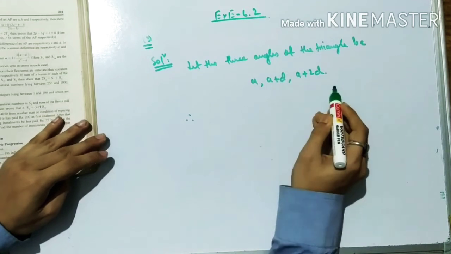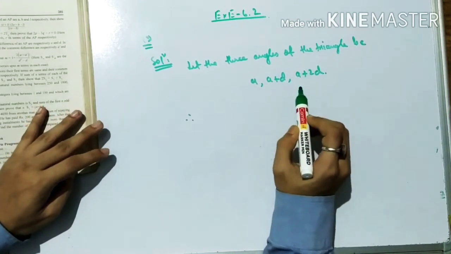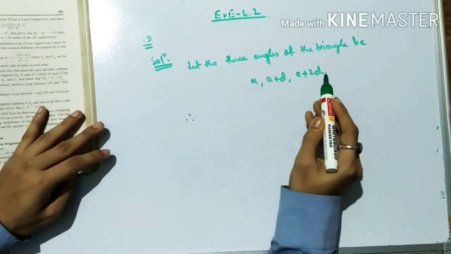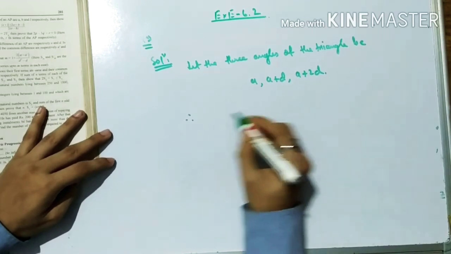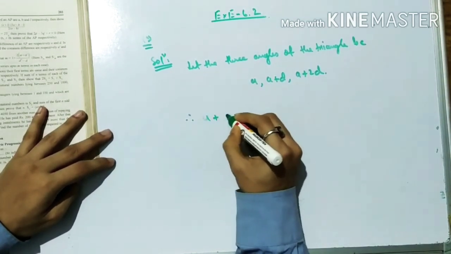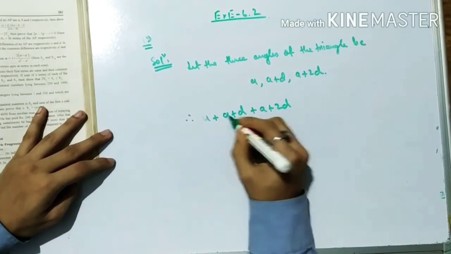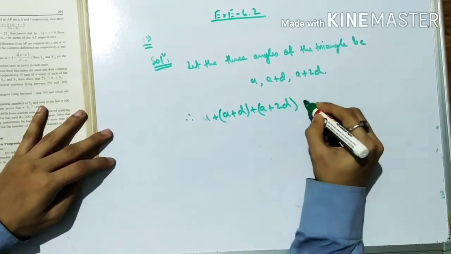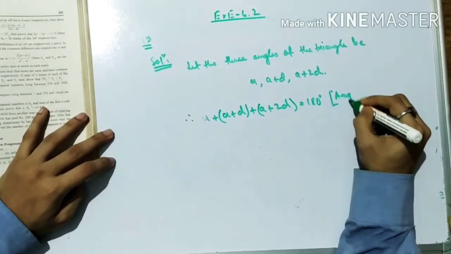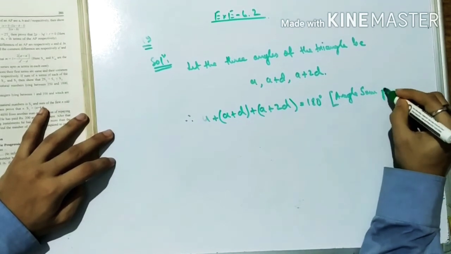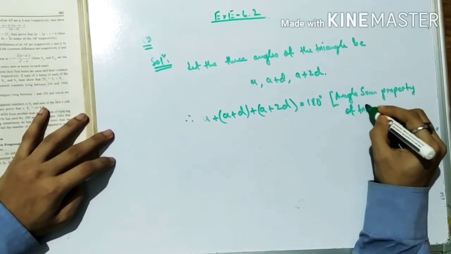If I add the three angles of a triangle, by the angle sum property I get 180 degrees. So I can write A plus A plus D plus A plus twice D is equal to 180 degrees, by the angle sum property of triangles.